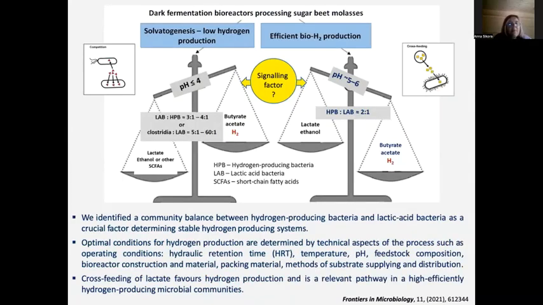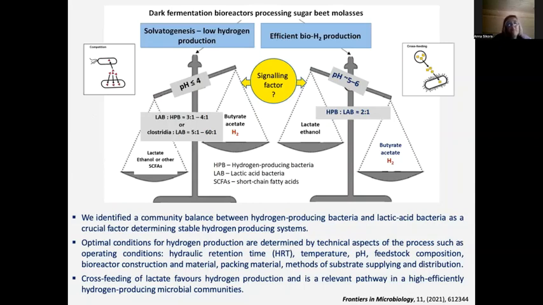And we studied ability of dark fermentation microbial communities to the conversion of lactate to butyrate in batch cultures. The communities unable to this conversion, labeled in red in the slide, show a low richness, are composed mainly of lactic acid bacteria, produce mainly lactate and ethanol, and decrease pH.